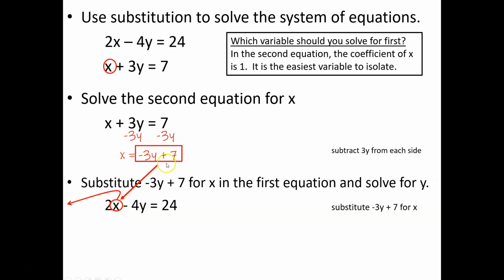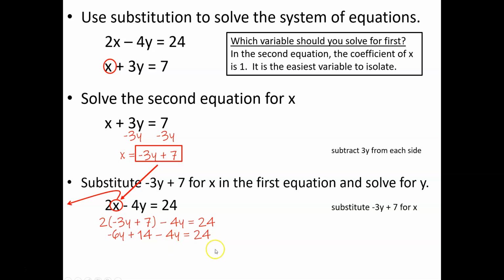So take out the X, put in the -3y plus 7 in parentheses. That's all we did. Now you just have to distribute to what's in the parentheses, and everything else keeps going.